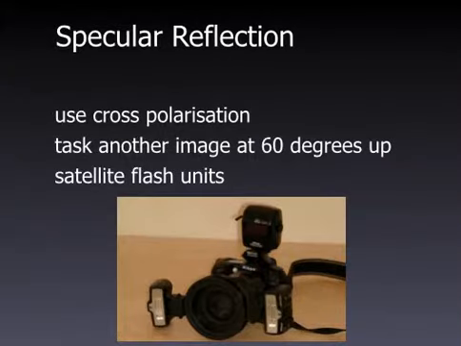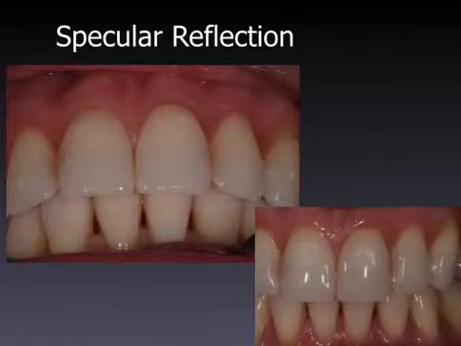Another option is to have a flash where we can move the units further apart so the light isn't quite as direct. Or take another picture, this time up, so the light is bounced or reflected upwards. So again, it's to give the technician an idea of the texture of the teeth.